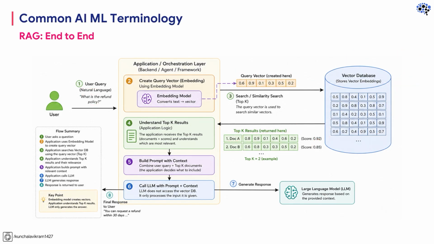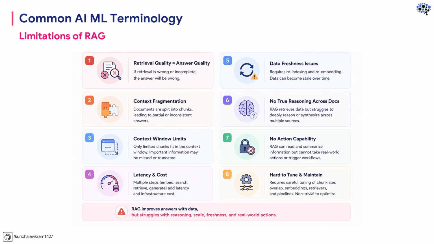Now there are certain limitations of RAG, although RAG will give you the latest information from the knowledge bases or the vector database. RAG always depends on retrieval quality, that is, the LLM's response will depend on what information is retrieved from the vector database. Then data freshness issues: you need to keep re-indexing the vector database, otherwise you'll only have the old data.